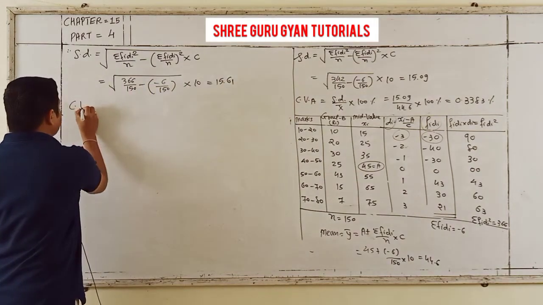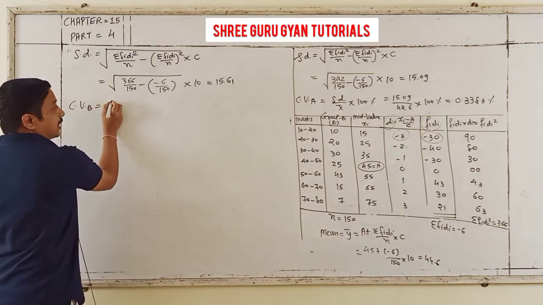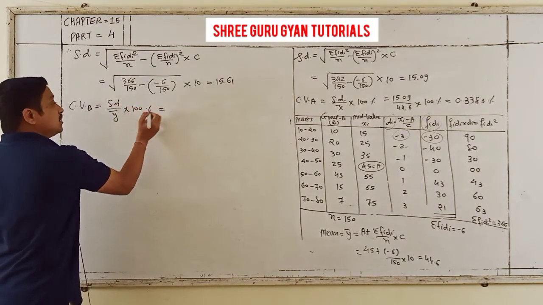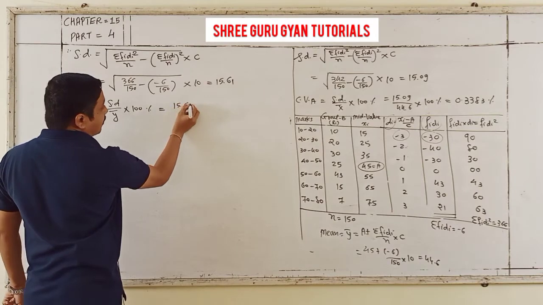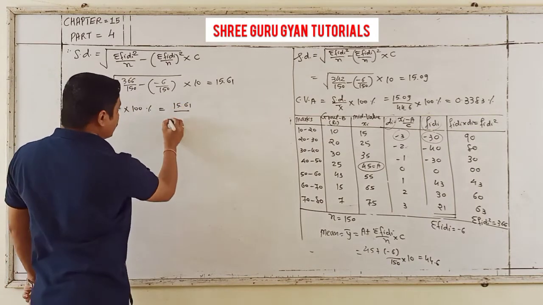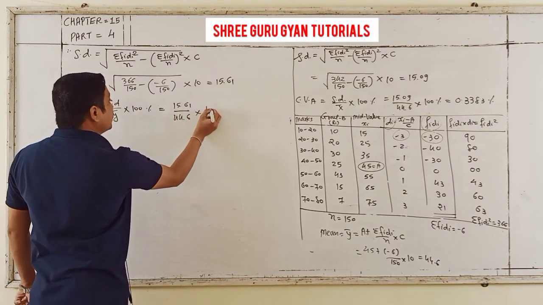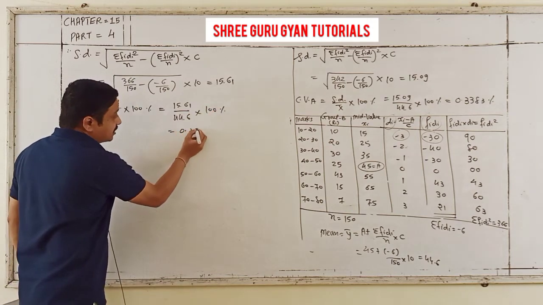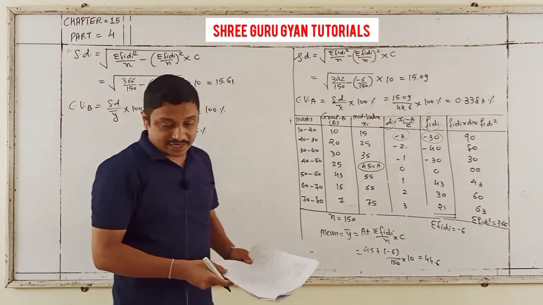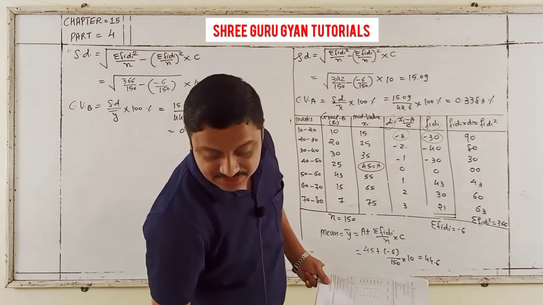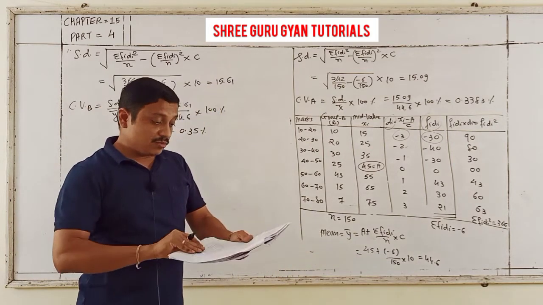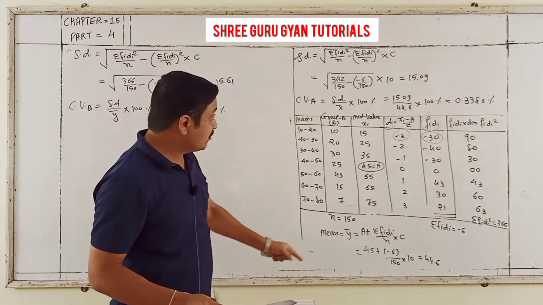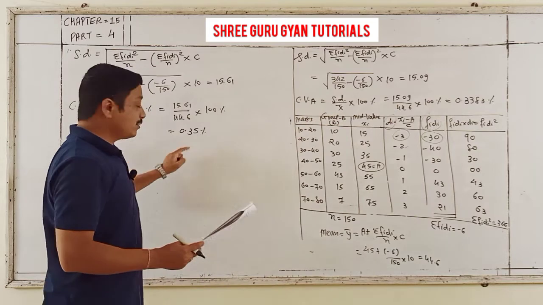So CV of group B is SD upon Y bar into 100%. My SD is 15.61, Y bar is 44.6, into 100%, and calculating using the calculator it is 0.35%. Now my target is asking which has more variation. Here the variation is 0.33, here 0.35.